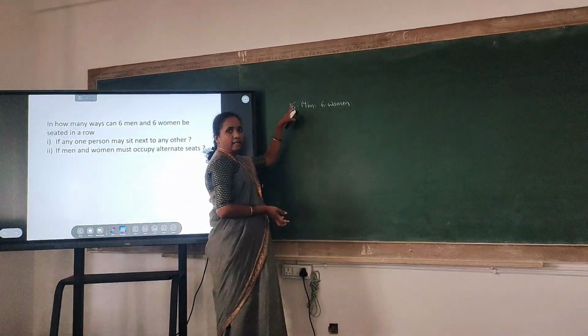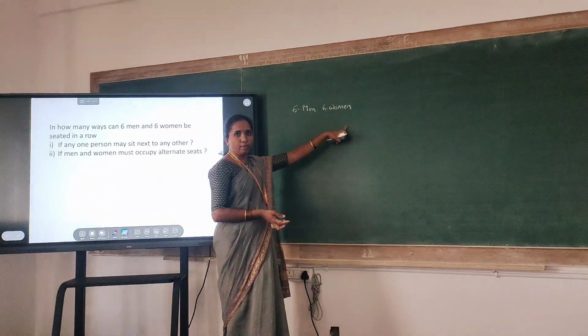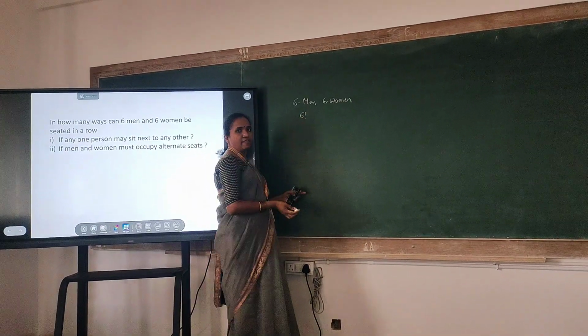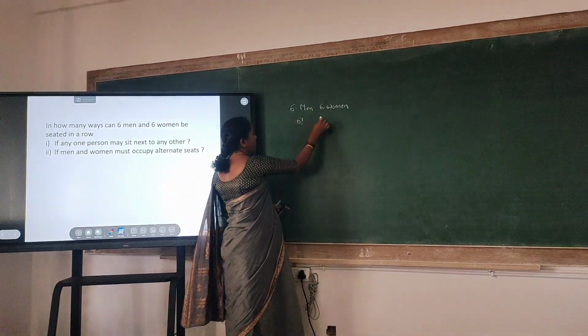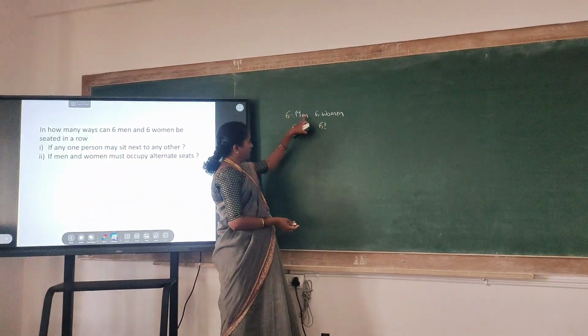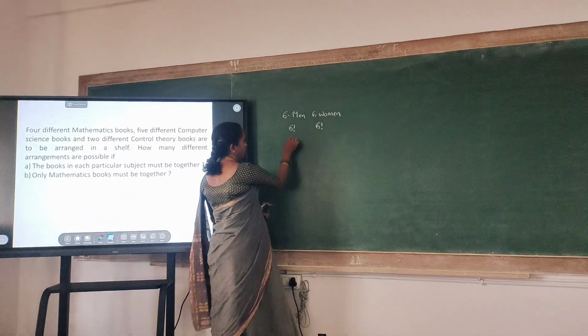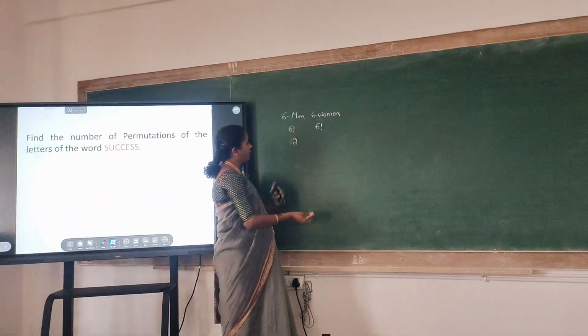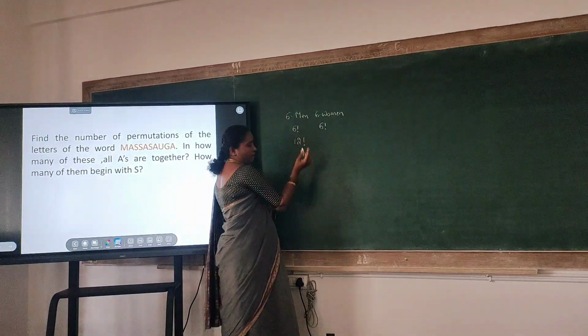Now we know that there are 6 men and 6 women. The 6 men can be arranged in 6 factorial ways and 6 women can be arranged in 6 factorial ways. Totally there are 6 plus 6, 12 people. Without any restriction, the 12 people can be arranged in 12 factorial ways.